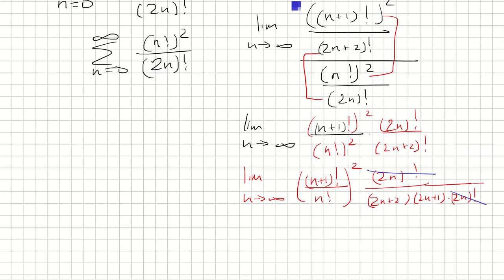And then n plus 1 factorial is just n plus 1 times n factorial, and the n factorial is going to cancel. So we have the limit, n approaching infinity, of (n plus 1) quantity squared over (2n plus 2) times (2n plus 1).